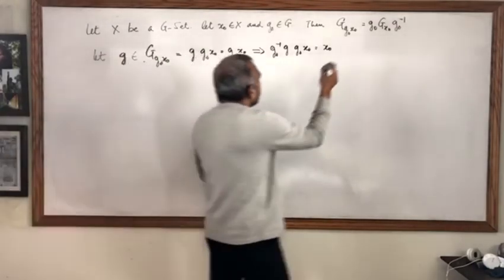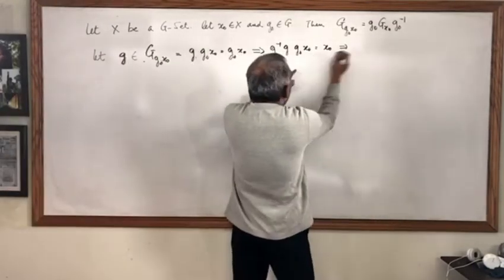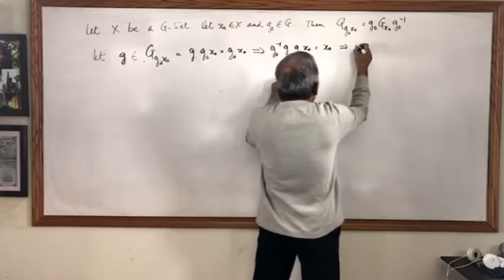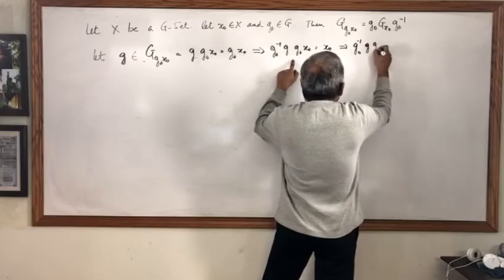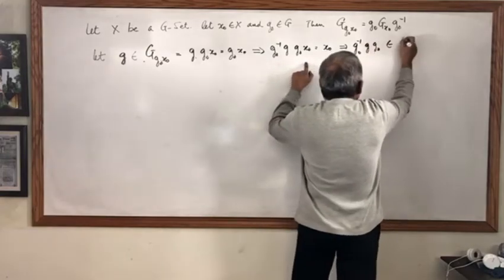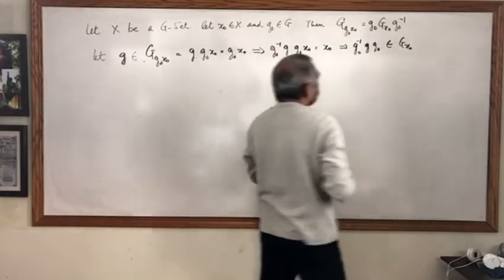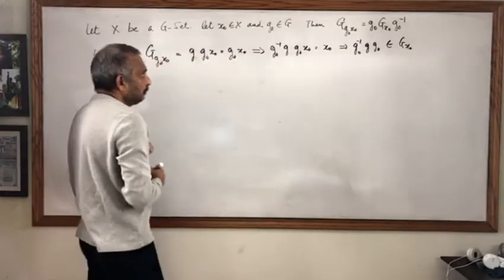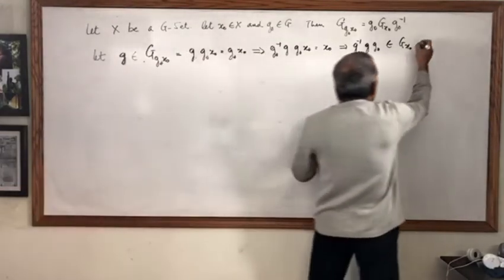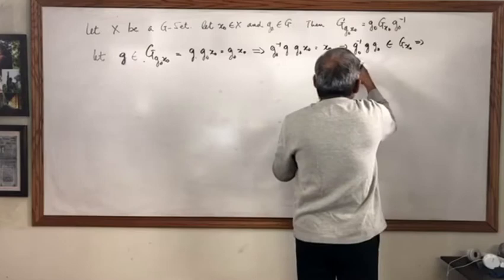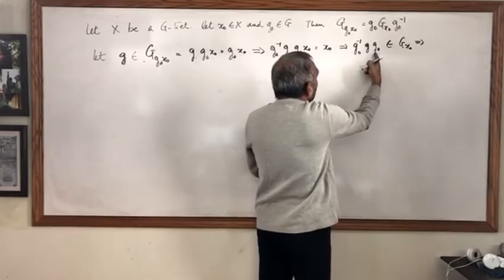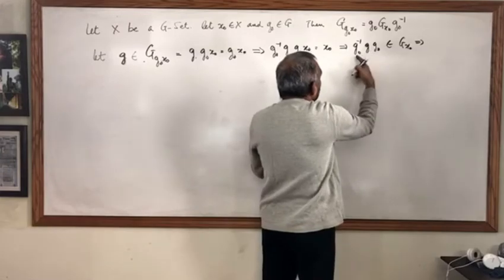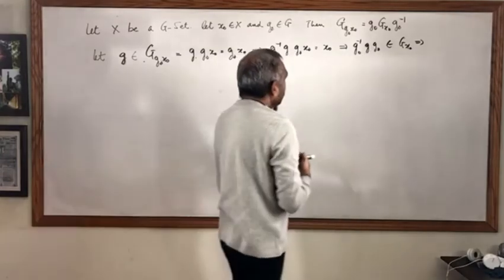And that implies, by the definition of G_x0, g0 inverse g g0 belongs to G_x0. And that implies you take the g0 and g0 inverse on the other side.